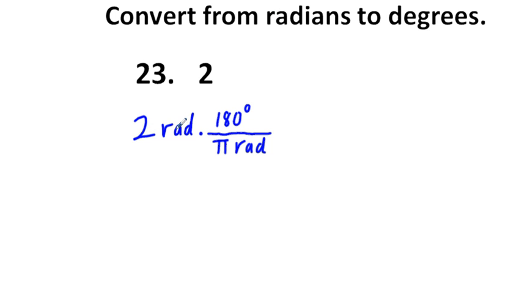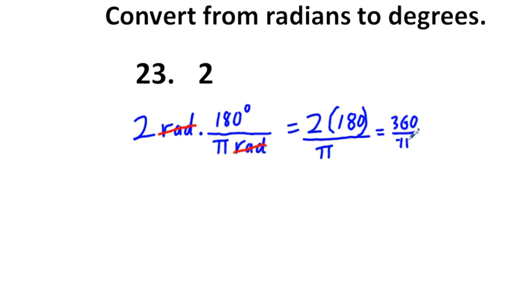Well, we don't have pi radians in the numerator anymore. We have pi radians in the denominator. But we do have radians. So radians over radians cancel each other. And so remaining we have 2 times 180 over pi. And I guess it could be written, if you wanted to, as 360 over pi degrees.